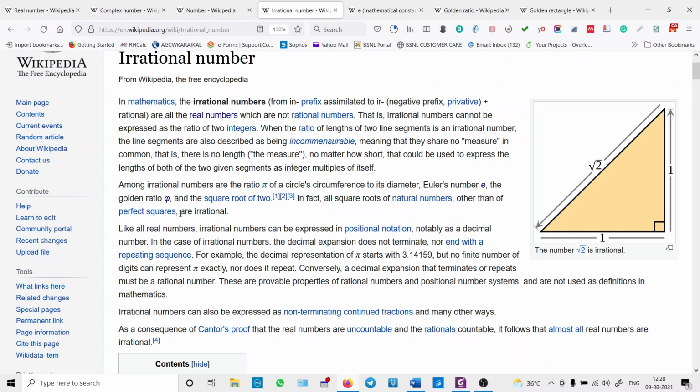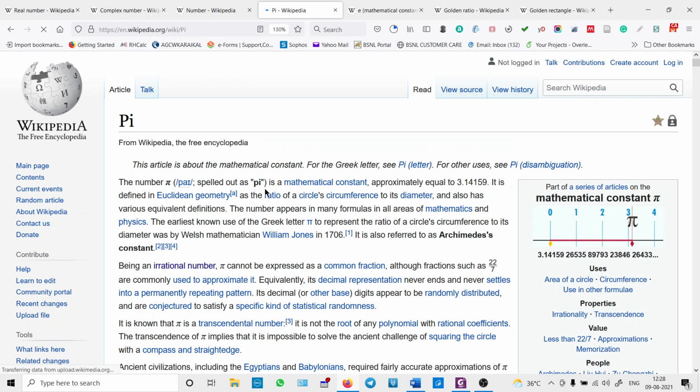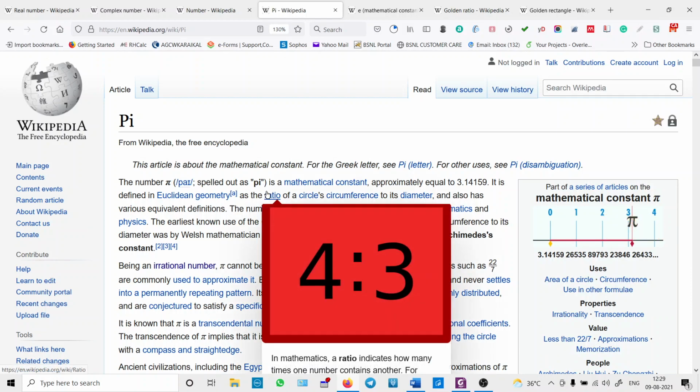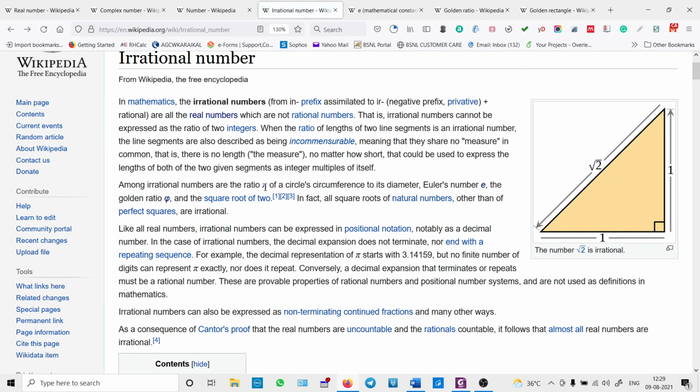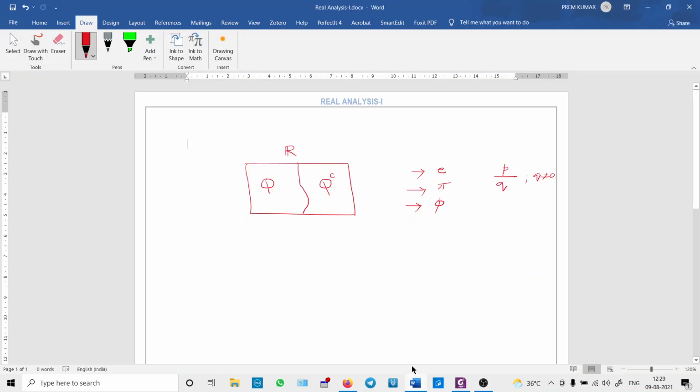Another important irrational number we are going to discuss is pi. This is a symbol we use, and it is spelled pi. It's a Greek letter. Among the irrational numbers, how is pi formed? It is the ratio of a circle's circumference to its diameter.